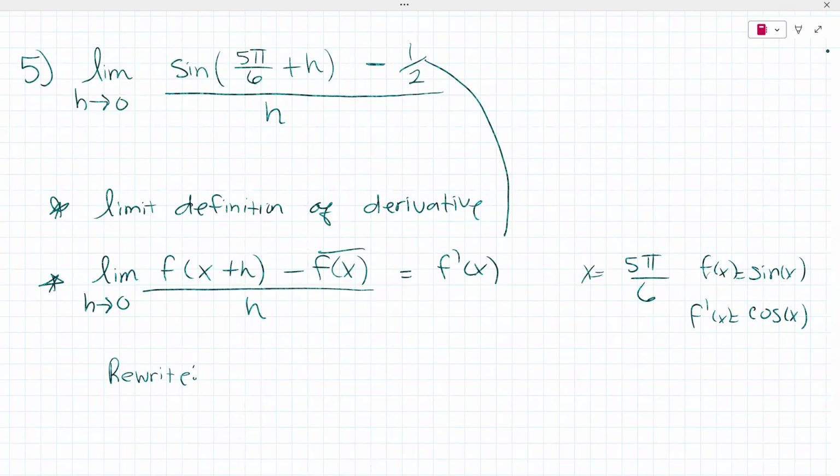Wait a minute, why is x 5 pi over 6? The reason is that the sine of 5 pi over 6 is equal to 1/2.